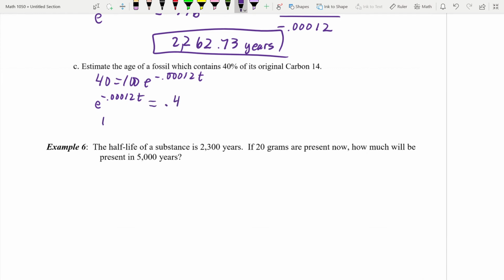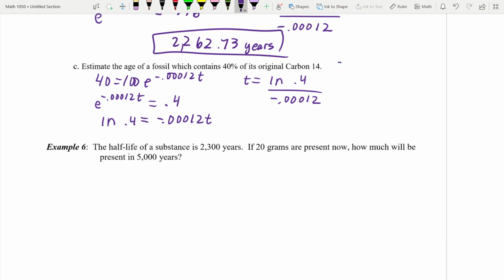Convert it, ln 0.4 is equal to negative 0.00012 t. To solve for t, ln 0.4 divided by negative 0.00012. Now that negative 0.00012 I have stored in as A. So everybody go ln 0.4, close it off, divided by A, enter, enter.